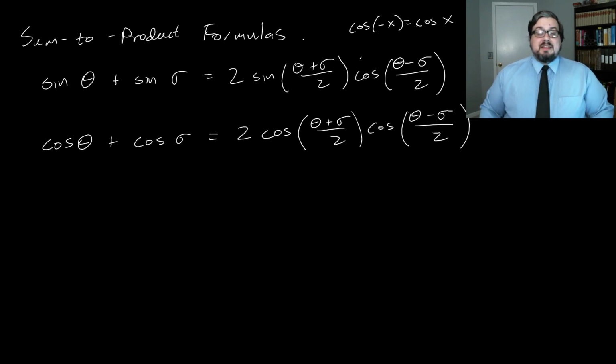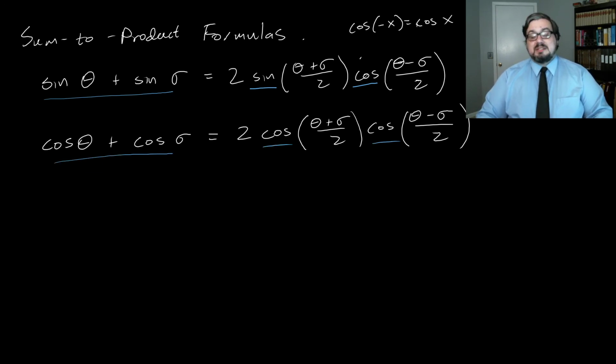So you'll notice that these two formulas are very similar to one another, and they give us a way of turning a sum of sines or a sum of cosines into a product. And once again, you can see some common threads that help us to remember this. The formula involving sines also involves having two different trigonometric functions. And the formula involving cosines involves having two of the same functions, in this case cosines.